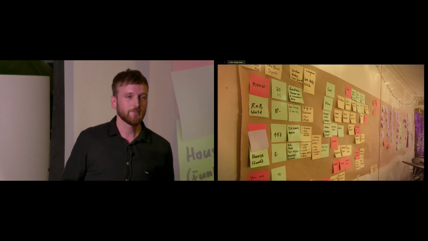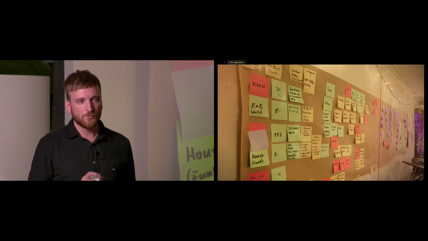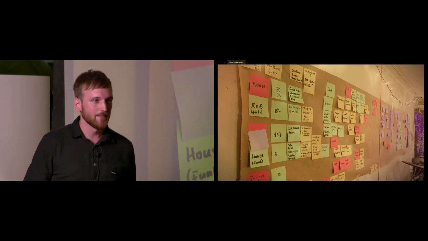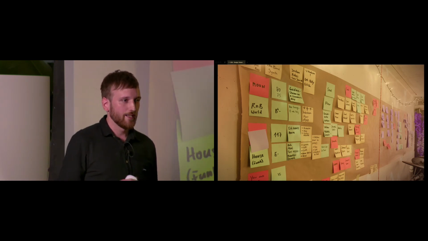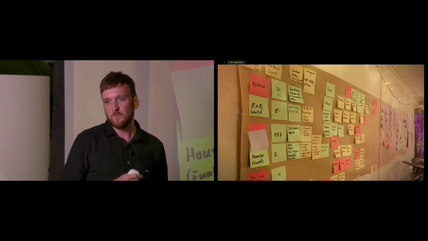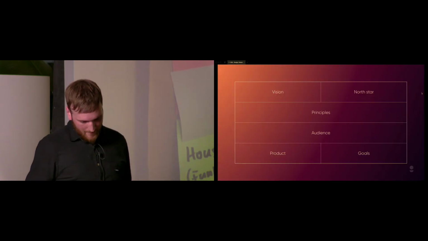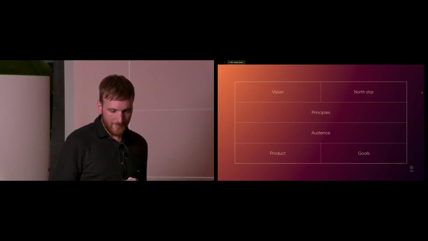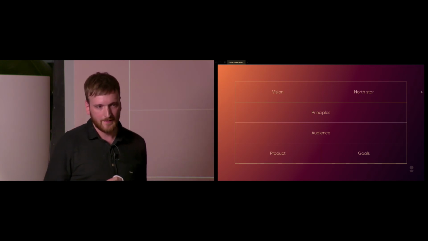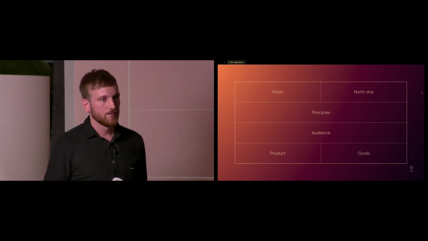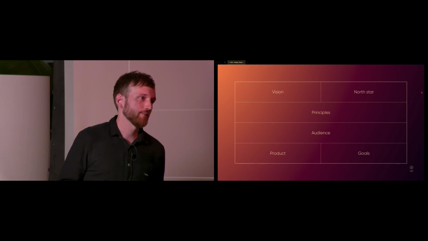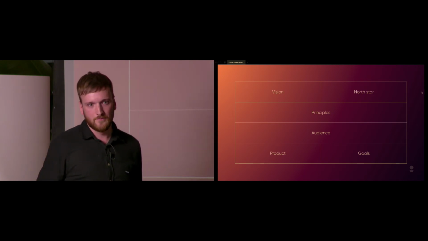But it definitely helped us to structure our process a bit better and also to create a shared vision and actually to talk about it. So I think the product vision board can also help musicians to better structure their process and to create a shared vision within their bands.